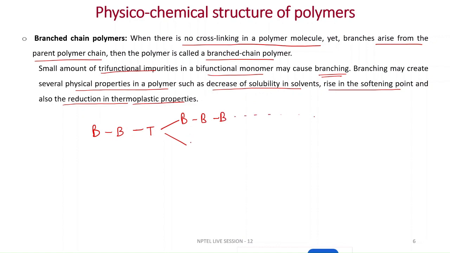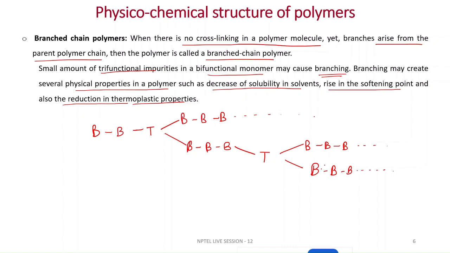It may go on. Then again it is forming a branch, and it is going on like this. In the parental polymeric chain, they are having multiple branches.